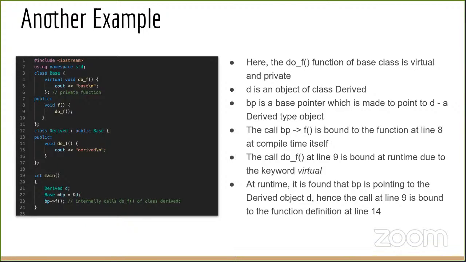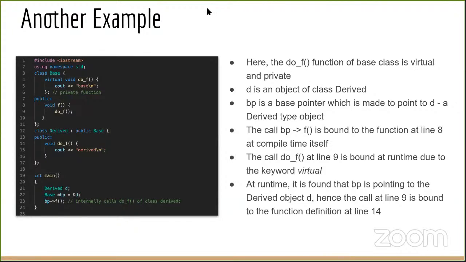So what happens is that, imagine even if you don't have any virtual thing going on here, you have a function doF in base and a function doF in derived. Whenever you do a derivation, the definition in the derived class will mask the base ones.